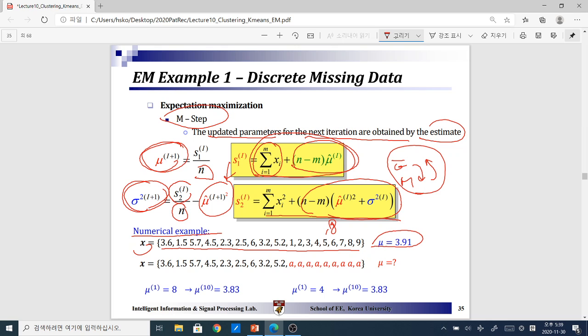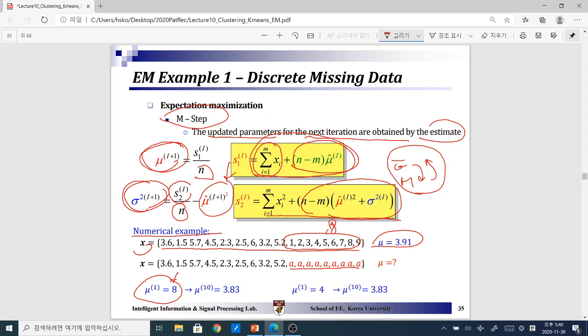Now, suppose we have these values being unknown or missing. So I'm going to just put them as missing, or A. And based on this expectation maximization procedure, which I just did, initially with some assumption, I'm going to assume initially that the mean of the entire 18 numbers would be 8.